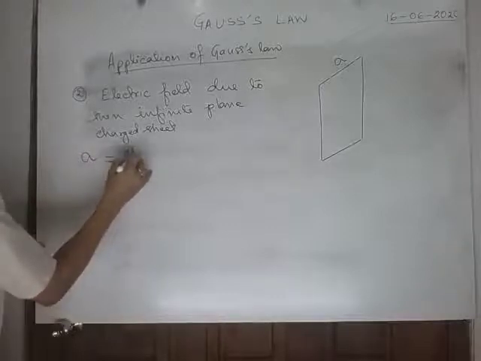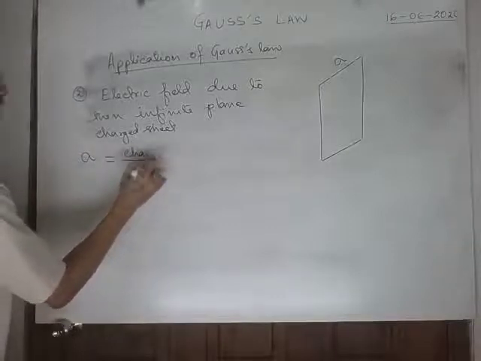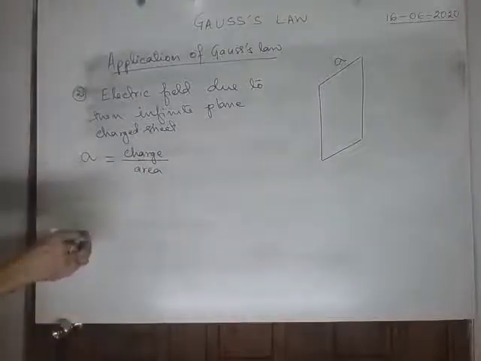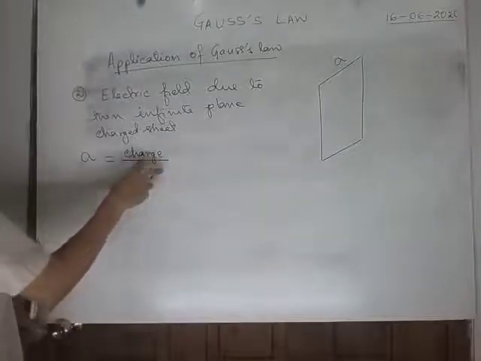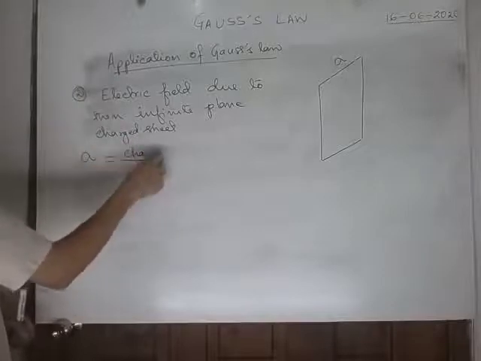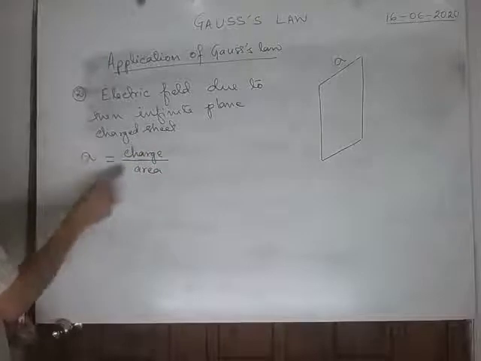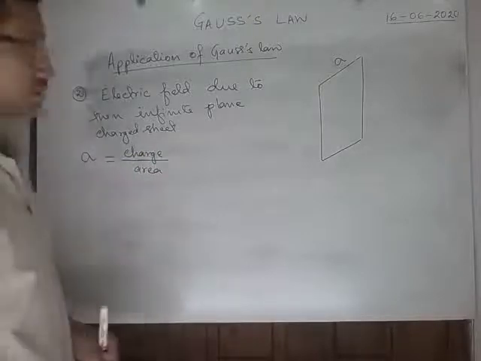That means charge per unit area in this case. If we know that particular area, then the total charge residing on that area can be found out by multiplying the area and the surface charge density.